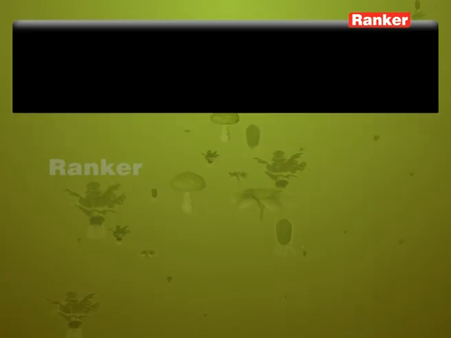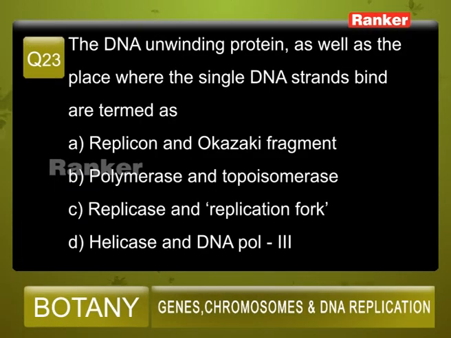Question number 23. The DNA unwinding protein as well as the place where the single strand DNAs bind are termed as A. replicon and Okazaki fragments, B. polymerase and topoisomerase, C. replicase and replication fork, D. helicase and DNA pol 3.